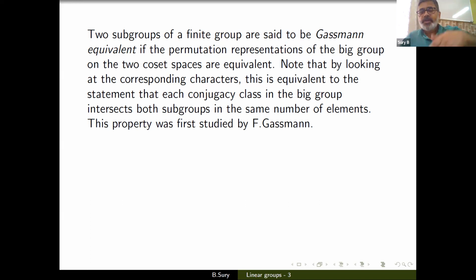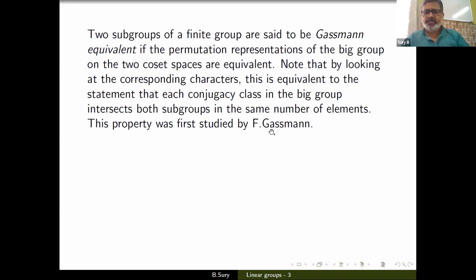There is a notion of inducing a representation. In any case, the characters can be easily calculated. So G on G/H1 and G/H2 are equivalent if and only if, for any conjugacy class of G, the number of elements of H1 in that class and the number of elements of H2 in it are the same. This is equivalent to the representations being equivalent.